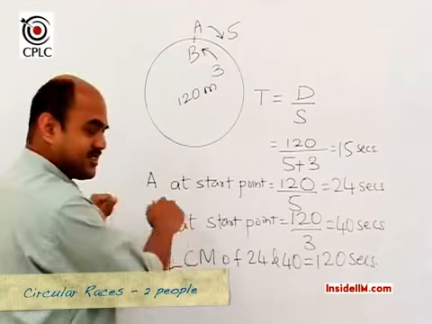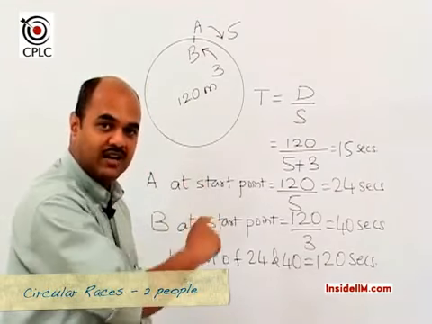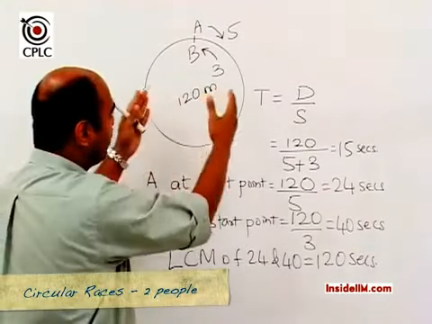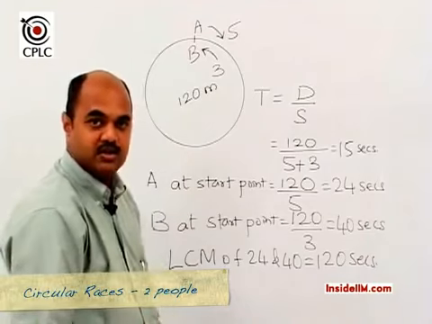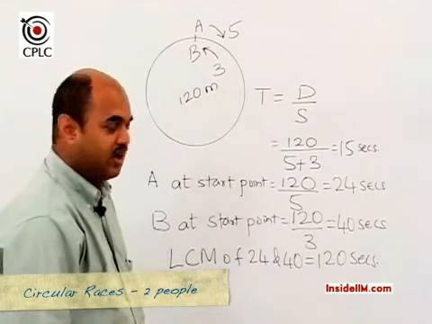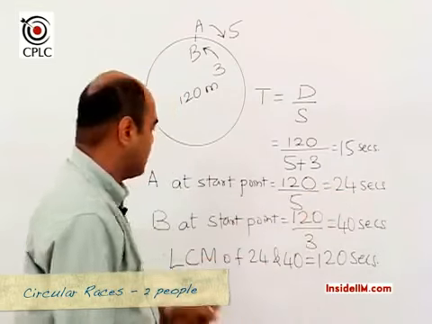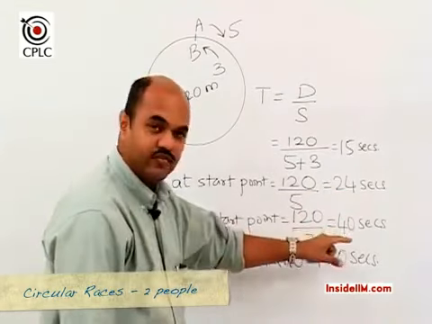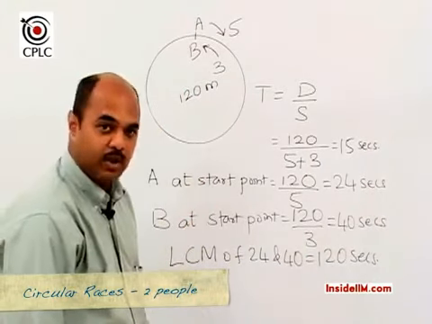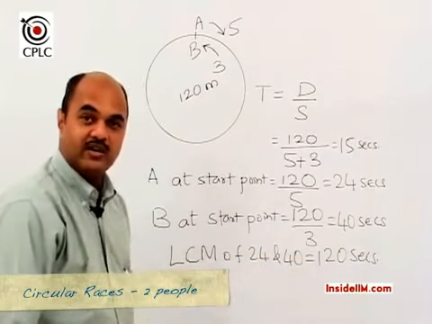If I want to answer the second question, which is in how much time will they meet at the same start point for the first time, the answer wouldn't change, because whether they are moving in the same direction or opposite directions, the answer depends on each person reaching the start point, and hence we know that A would reach the start point every 24 seconds, B would reach the start point every 40 seconds, and hence both of them would simultaneously reach the start point at a time which is the LCM of 24 and 40, which is 120 seconds.